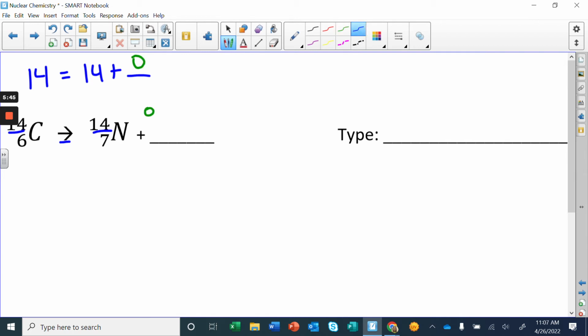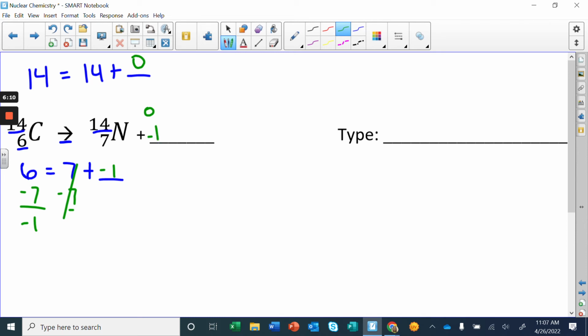Now we do the same thing on the bottom. We have our 6 equals 7 plus blank. So this one, go ahead and subtract 7 from each side. 6 minus 7 should give you -1.